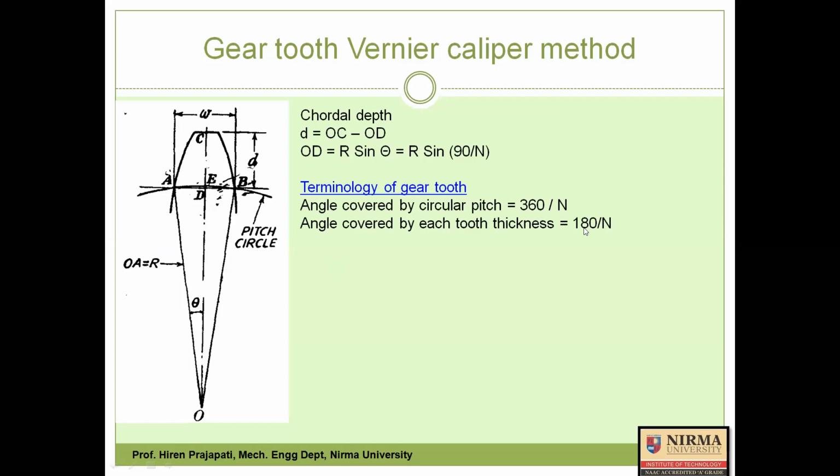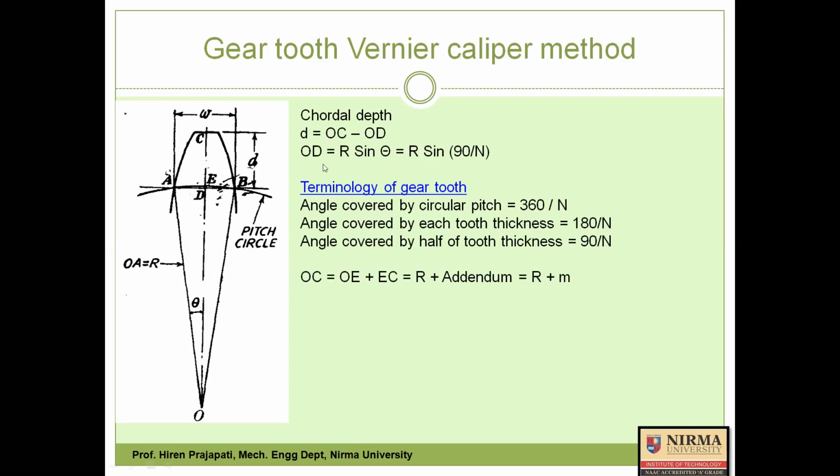So 360 divided by 2N, then we get 180 by N. Then the angle covered by AEB, means this total angle, the angle 2 theta, is equal to 180 by N. But I want theta, so again I need to divide this 180 by N by 2. Then I get theta is equal to 90 by N. So this is how theta comes to 90 by N, where N is the number of teeth present on the gear.